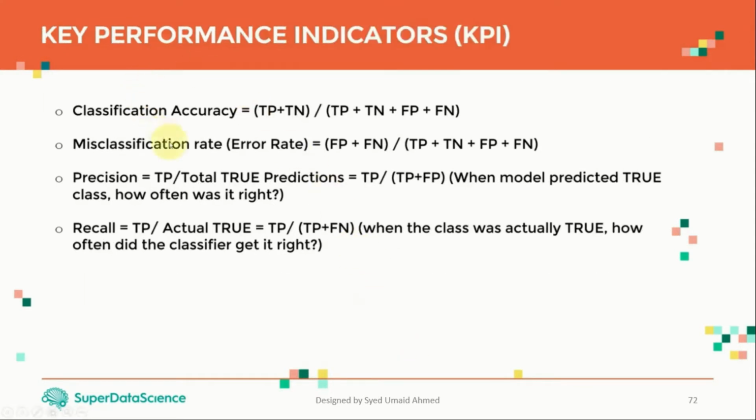All right. So let's see how we can assess the performance of the model. There are a lot of KPIs, or key performance indicators, when it comes to classification problems. And when we apply the logistic regression classifier, we are going to assess the performance of the model based on these. First, we have our classification accuracy, which is true positives plus true negatives divided by the overall number of samples.